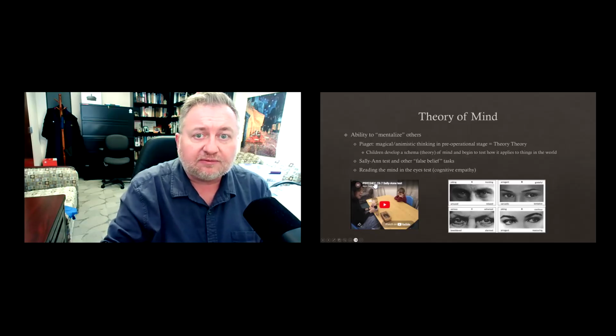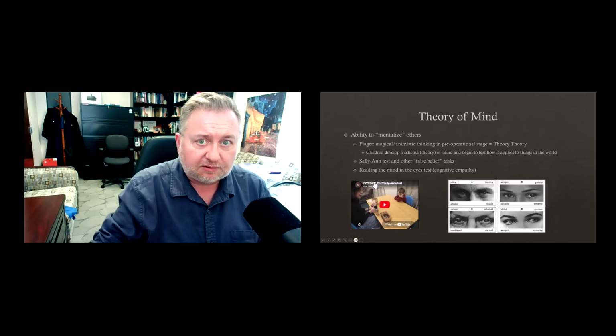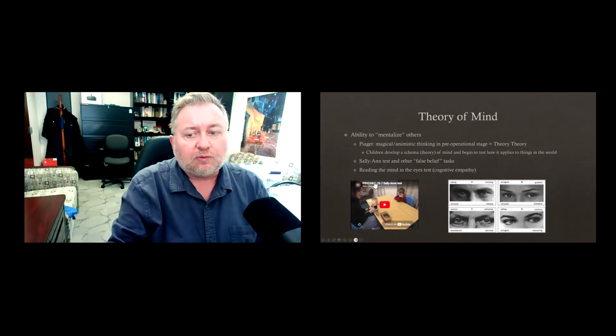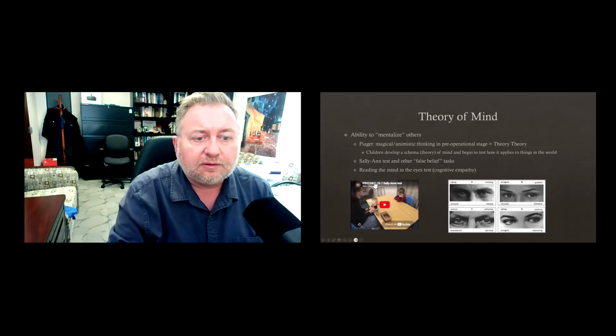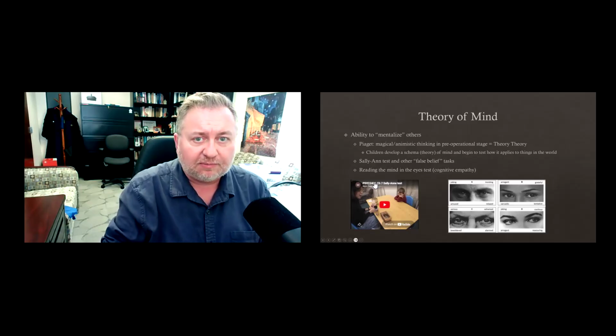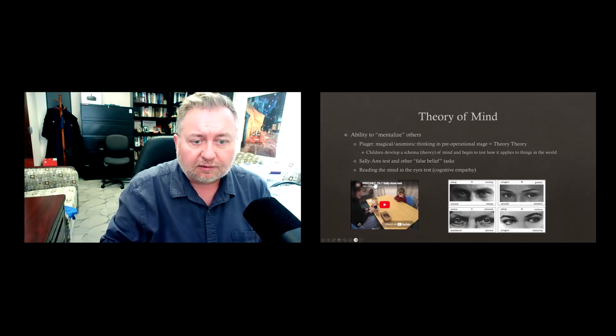Now, they develop all kinds of different schemas about the way the world works, but part of their schemas would be things related to their social world and the behavior of other people. And one of the things that they might start to do is they develop a schema of mind or a theory of mind, which is their own individual personal understanding of what minds are.